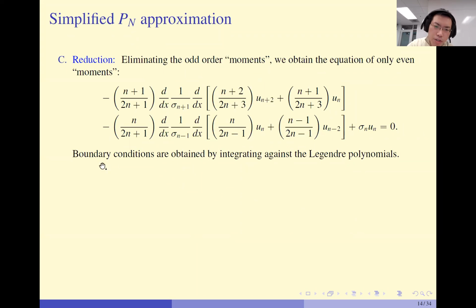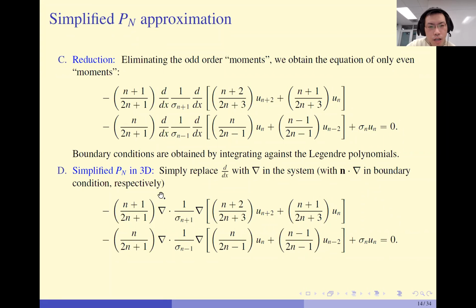The boundary conditions come from integrating the boundary source function against the Legendre polynomials, and you get a boundary condition that looks like a Robin boundary condition.